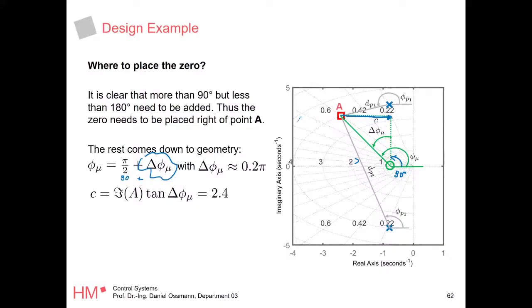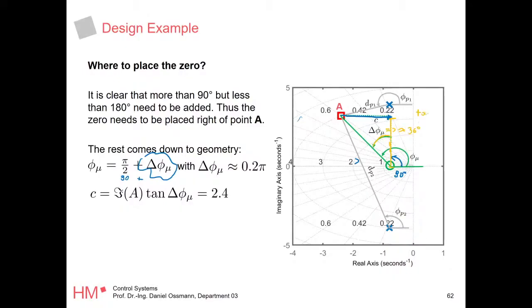But what we know is this distance here, which is given by our point A, and we defined point A. So this is clear. And what we also know is this angle here, roughly 36 degrees. So we can use a tangent.